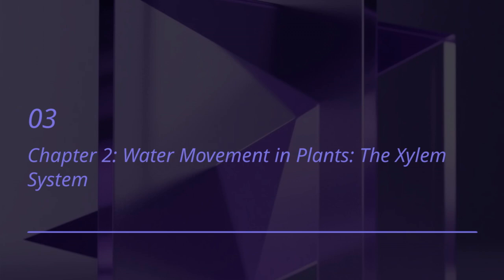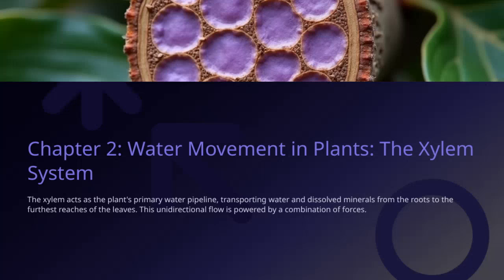This connectivity between water movement and plant function is a perfect example of the intricate systems we're uncovering in plant biology. The xylem acts as the plant's primary water pipeline, transporting water and dissolved minerals from the roots to the furthest reaches of the leaves. This unidirectional flow is powered by a combination of forces. These forces include root pressure, capillary action, and most importantly, the process of transpiration in the leaves.